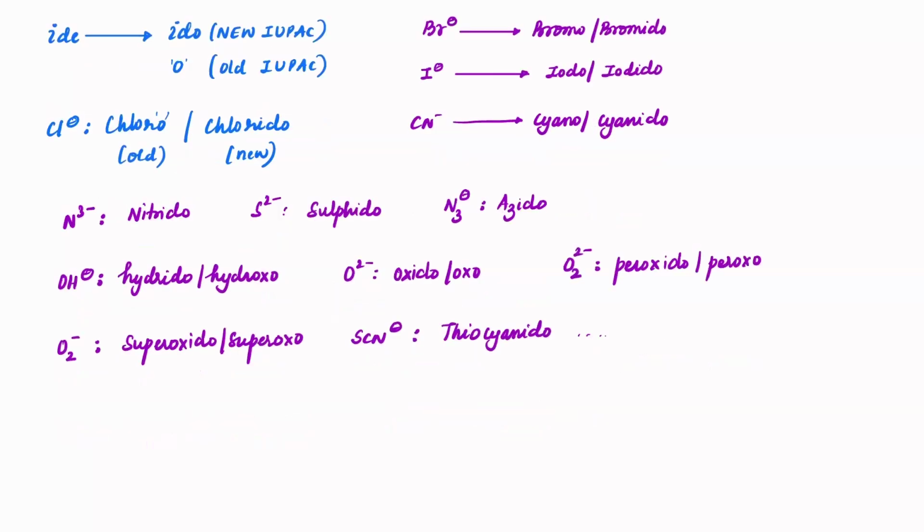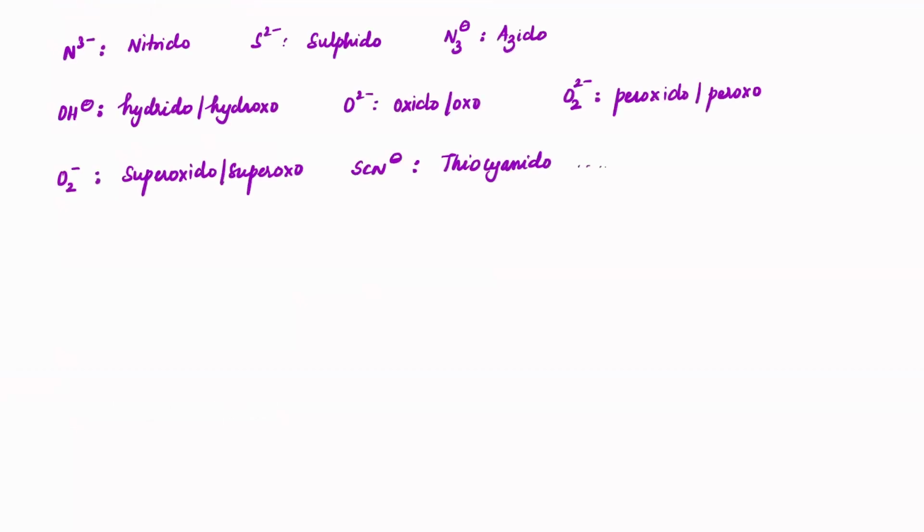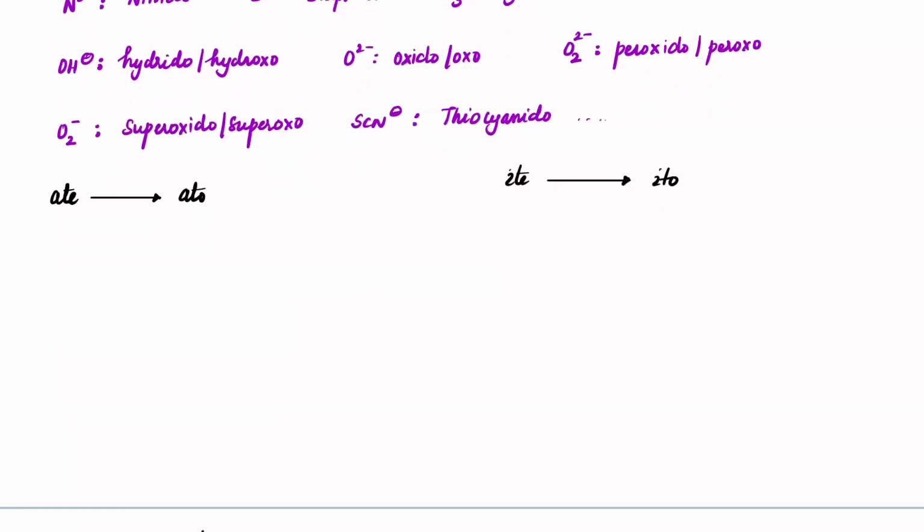Next one is ate salts. Ate salts you have to write as ato, and ite salts you have to write as ito. This is the conversion that you need to do. For example, when do we get ate? Sulfate, carbonate, oxalate, carboxylate, nitrate.